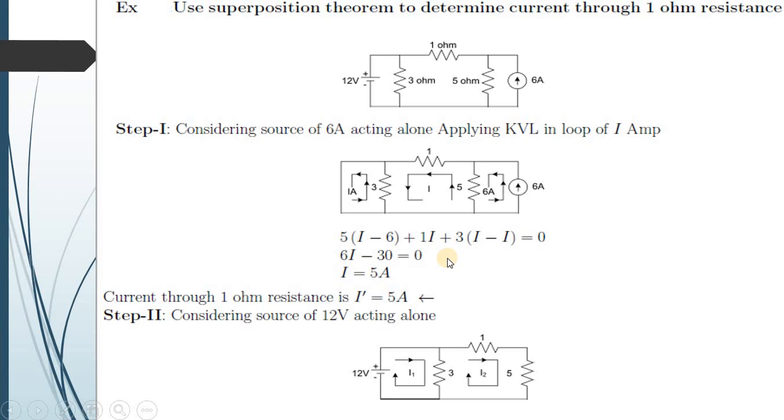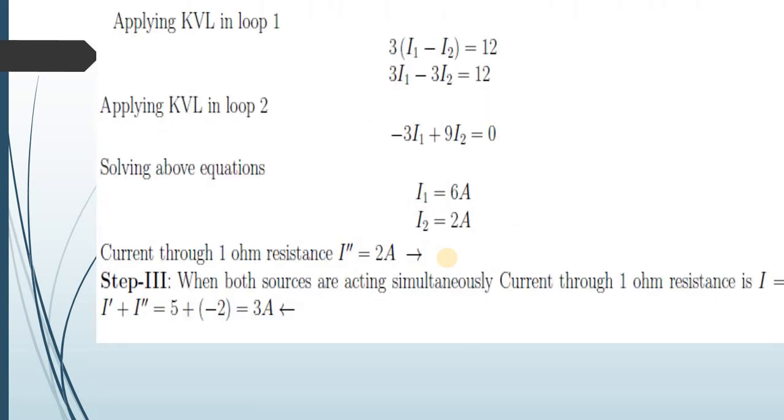So it is the algebraic sum of I dash plus I double dash. So it is 5 plus, but it is already negative, so it is minus 2, equal to 3 ampere. So this is all about the superposition theorem.